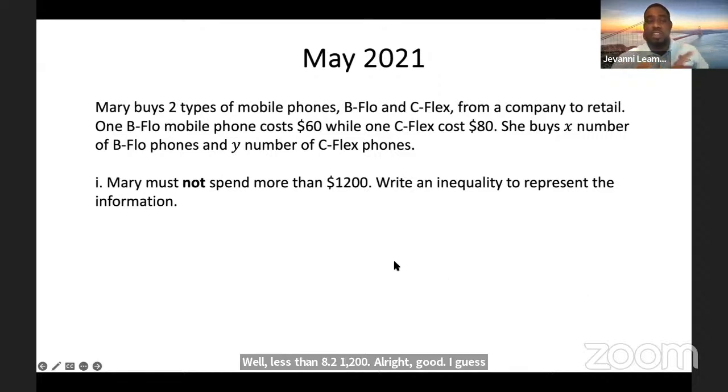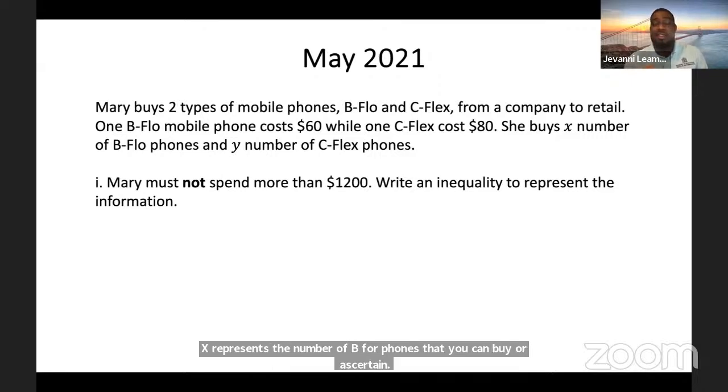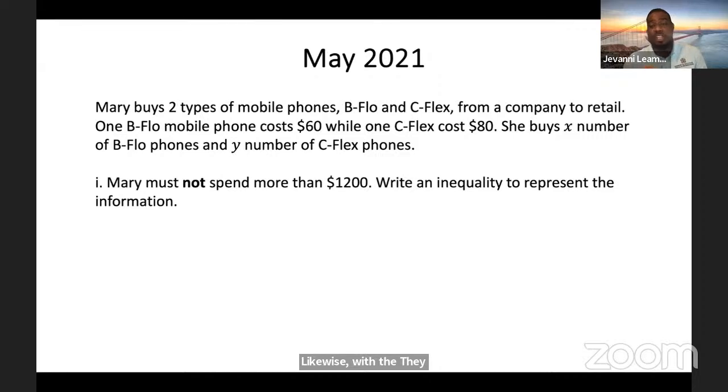Fantastic. So the $60 represents the cost for one B-Flow mobile phone, right? So you're multiplying that 60 by the variable X, because X represents the number of B-Flow phones that you can buy or ascertain. Likewise with the 80, which represents the cost for one C-Flex mobile phone.